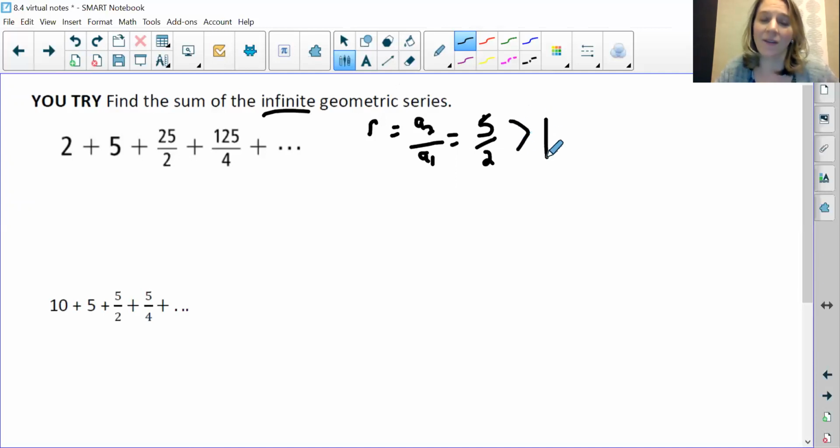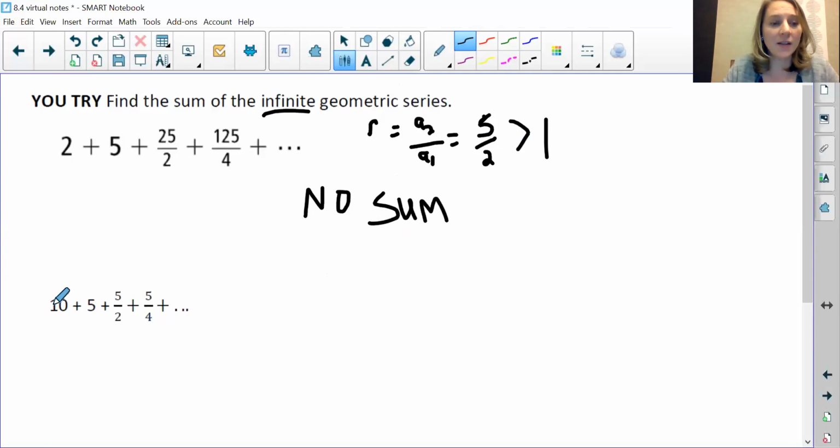It's like 2.5, right? So 2.5 is more than 1. So in this case, I'd have to say no sum. I can't use any other formulas, because for infinite geometric, we can only use that formula if the ratio is less than 1. Here, it was more than 1, so we can't do it.